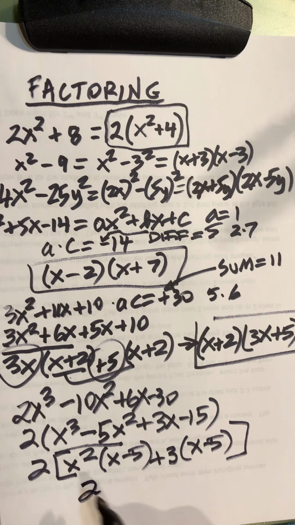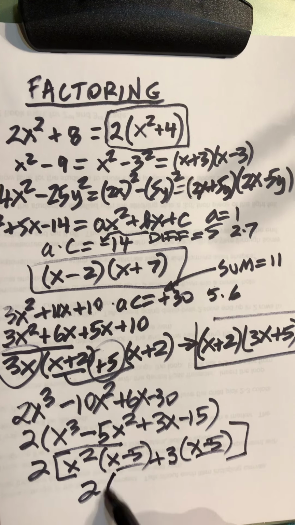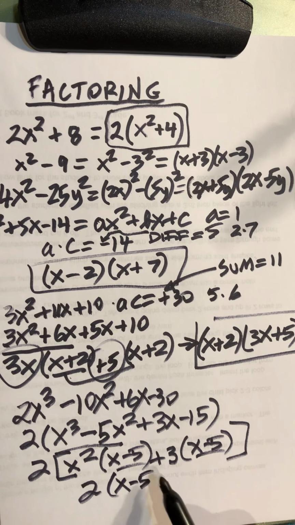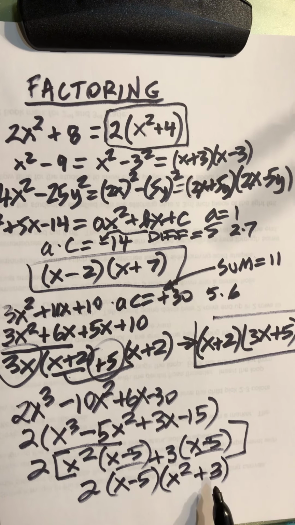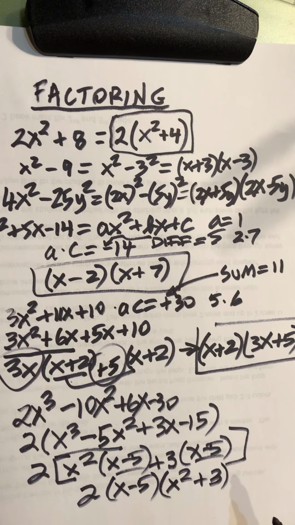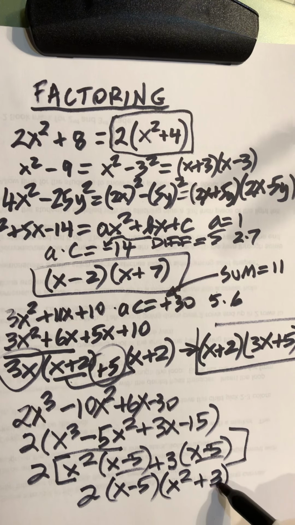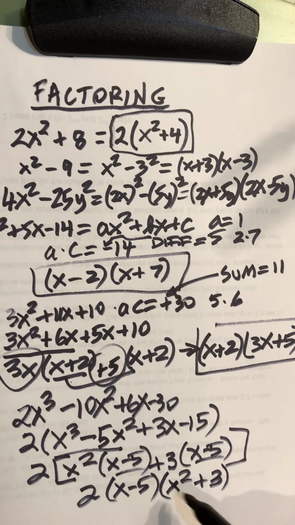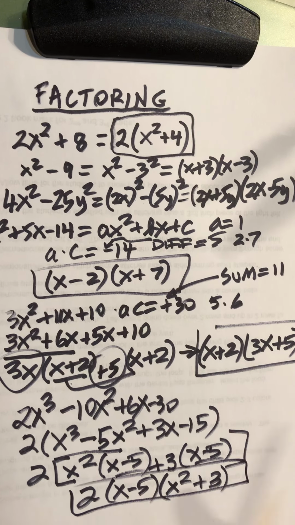I've got 2, and then I've got the common x minus 5. And what am I left with? X squared plus 3. Okay, well, I've got x squared, which means I'm going to try to factor that further. But 3 isn't a perfect square, and it's a sum anyway. So that is the answer.